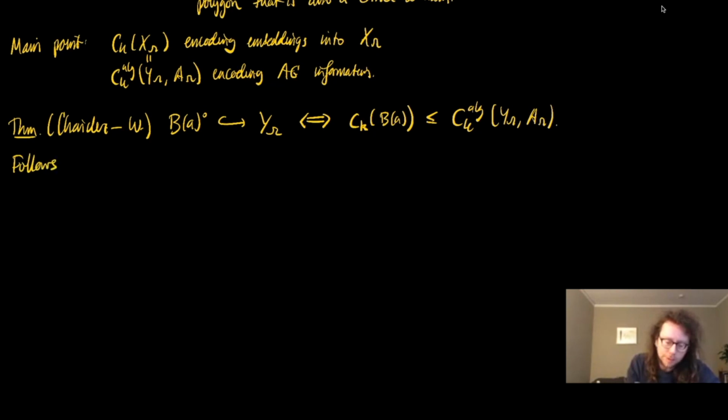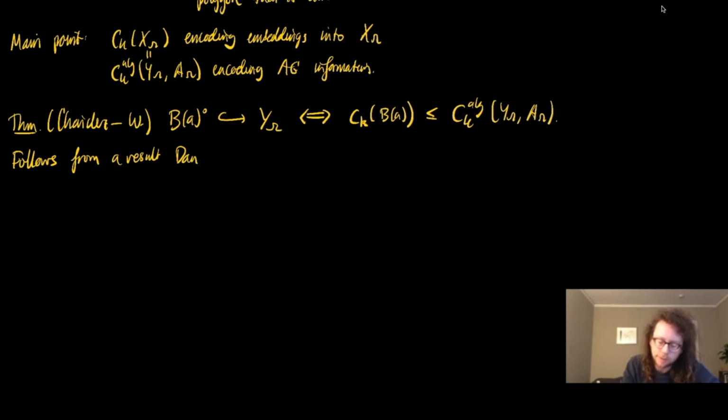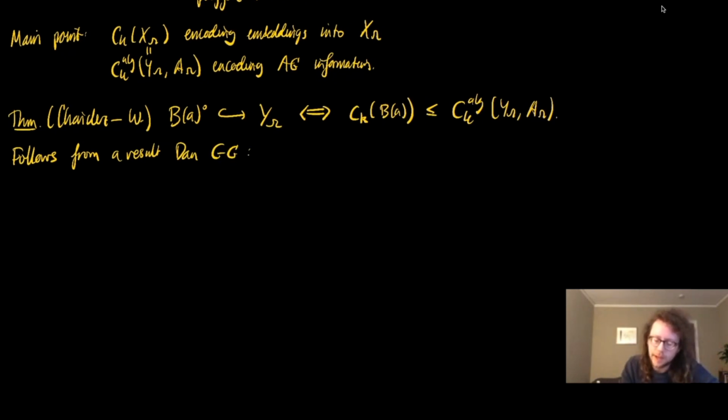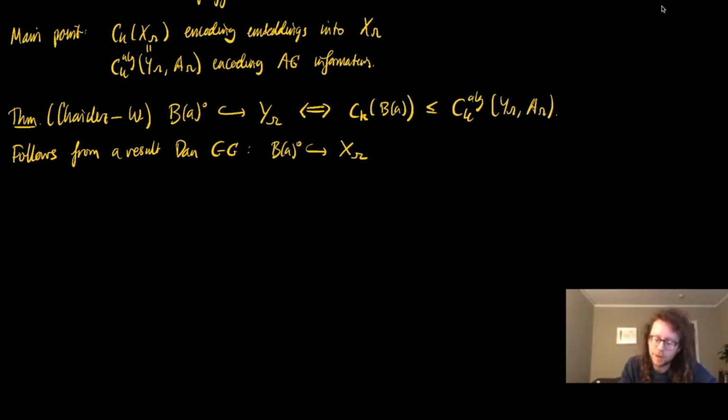Let me state that, and then I'll prove this theorem. So one of the main things that we use is a result of Dan, Christopher, Gardner, who says that an open ball embeds inside x omega when omega is a convex domain if and only if ECH of the closed ball is less than or equal to ECH of X omega.